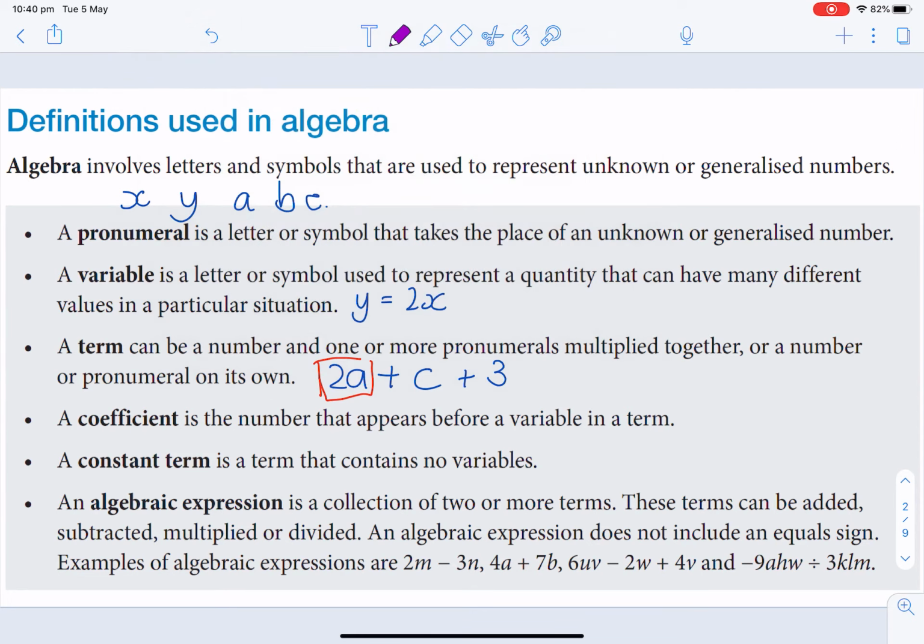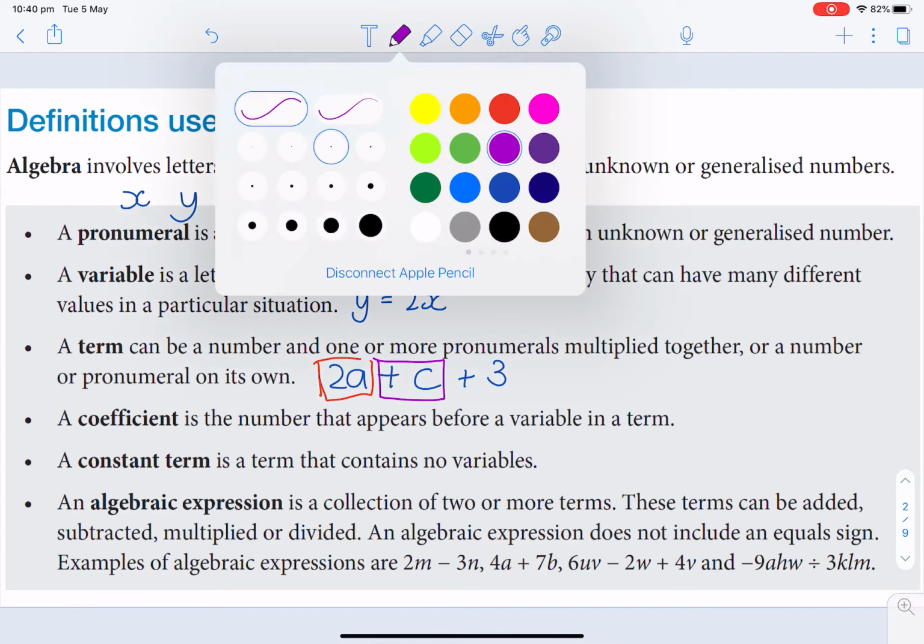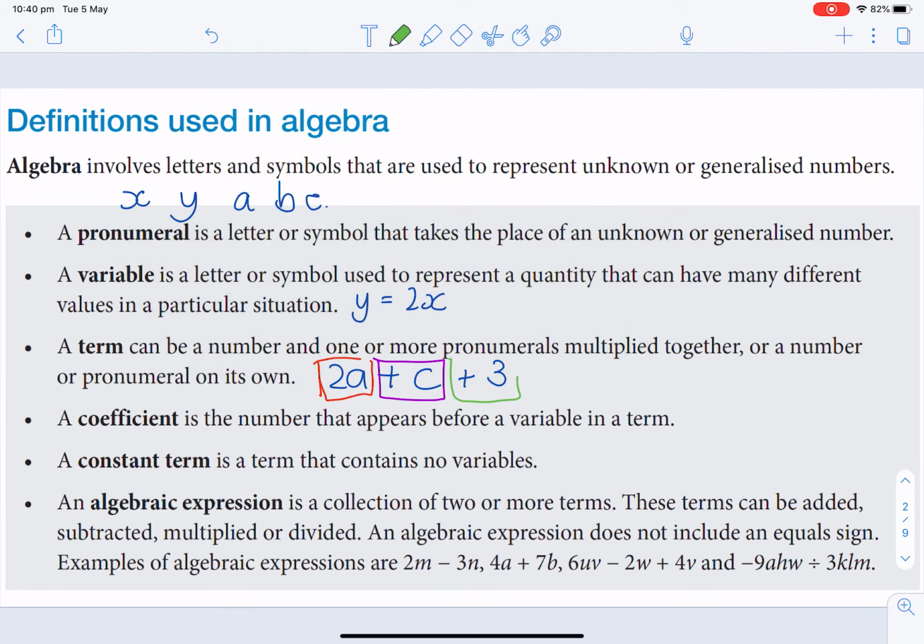Then the plus c, so we have to incorporate that operation of addition. Plus c is a term, and one more colour, plus 3 is a term. So you do take into consideration the operation that is before the number or the letter.